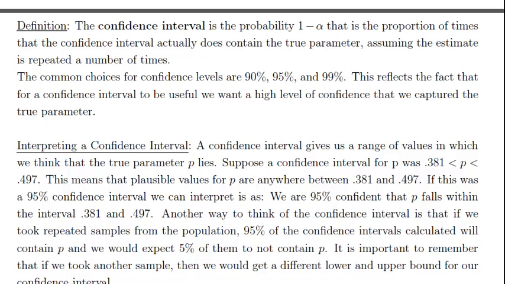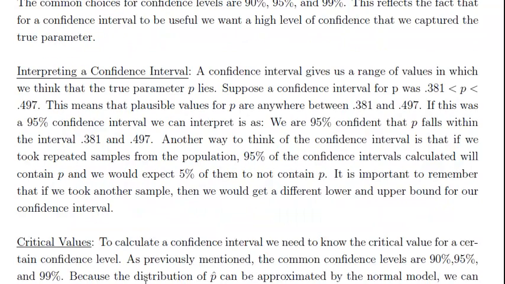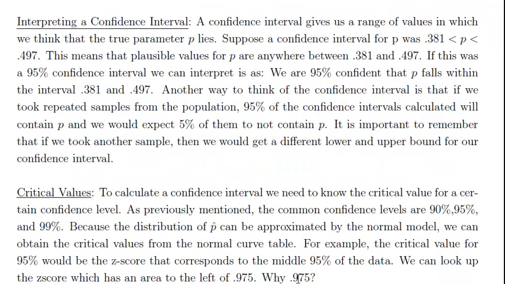And for a confidence interval, we need to decide on what we call a confidence level. Could be any percentage, but 90, 95, and 99% are the most common confidence levels. You can do an 80%, a 50%, but we generally like to have a high confidence level in our confidence interval. Okay, so when you calculate a confidence interval, you end up with a lower bound and an upper bound.